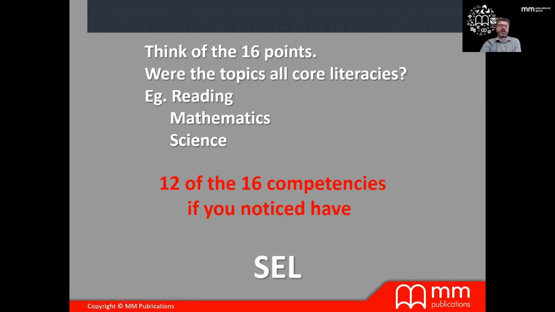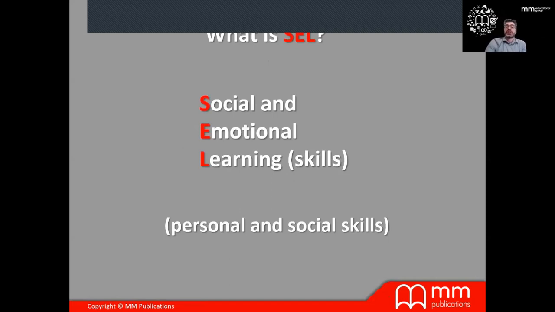This is also very important. Okay, it's become a buzzword now. But social and emotional learning is helping students develop those personal and social skills. Okay, and in our books, we try to accomplish this as well. Help our students develop these important skills.